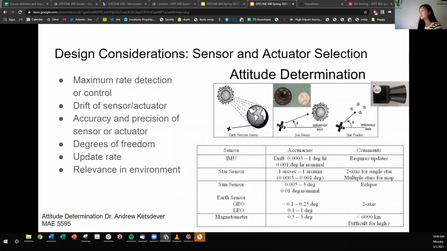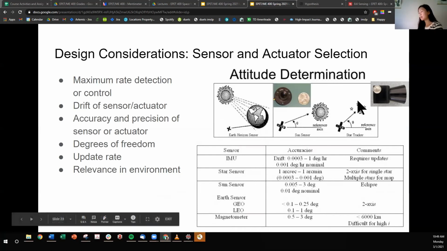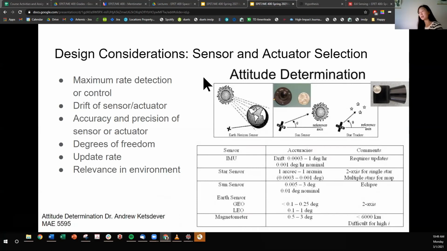Design considerations for sensor and actuator selection. So we've seen this table many times before, but what should you consider when selecting sensors and actuators? Maybe you should consider the maximum rate that your sensors can detect or that your actuators can control at. Remember, we were talking about the rate-limited maneuvers. Maybe you need your satellite to actually be at a certain agility level to track, say, missiles through the atmosphere.